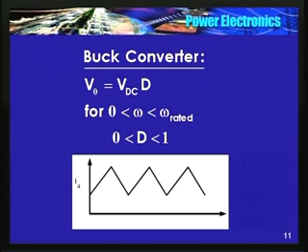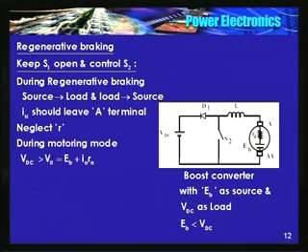This is about the buck converter. Having applied a rated voltage or some voltage, the motor has attained some steady state. Now you want to do a regenerative braking, or you want to stop the motor. The most efficient way is to do a regenerative braking, feeding back the energy to the source. Okay. How do I feed it back?